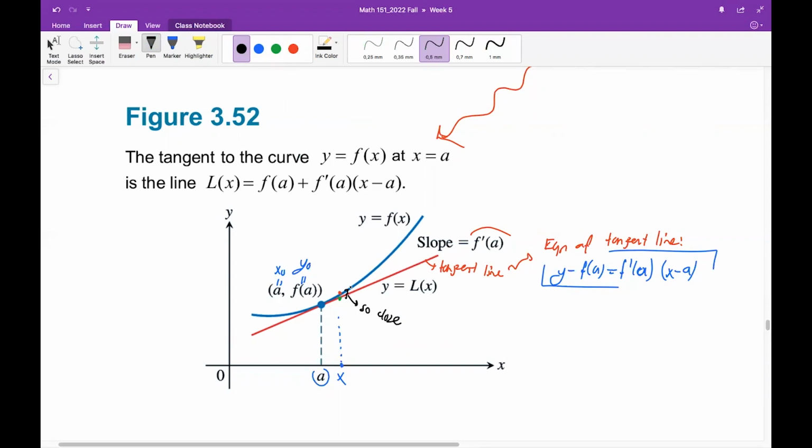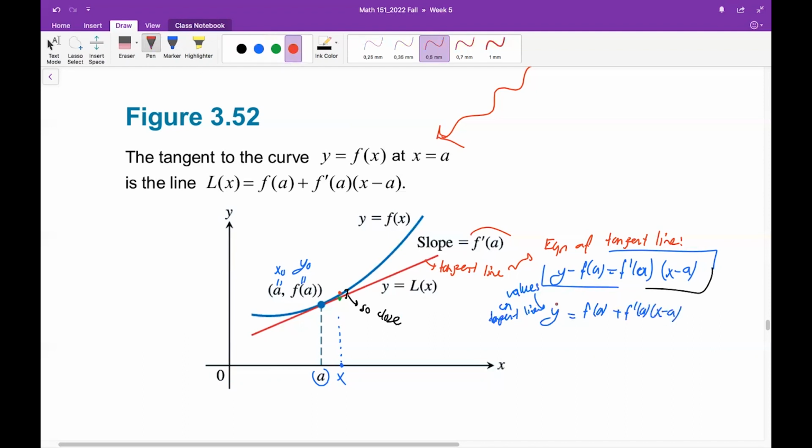To express this approximation, we will solve for the values on the tangent line from this equation. So solve for y here. These are the values on the tangent line. So y is what? f prime of a times x minus a plus f of a. Let me rewrite this function by taking f of a in front: f of a plus f prime of a times x minus a.